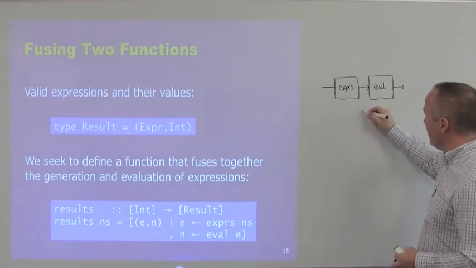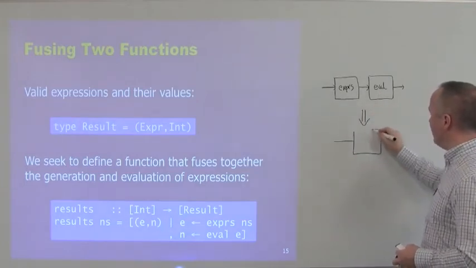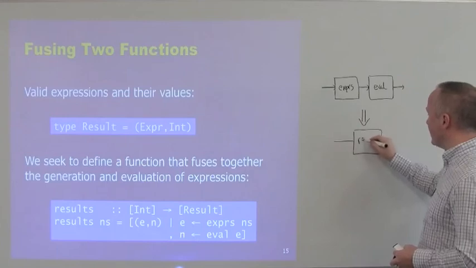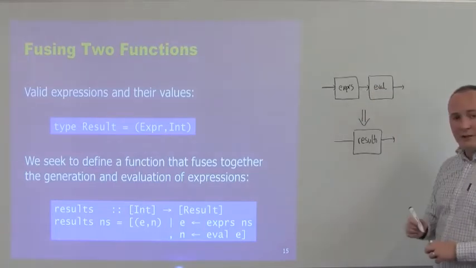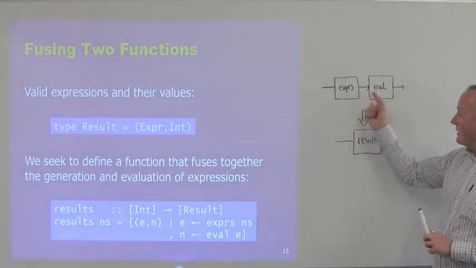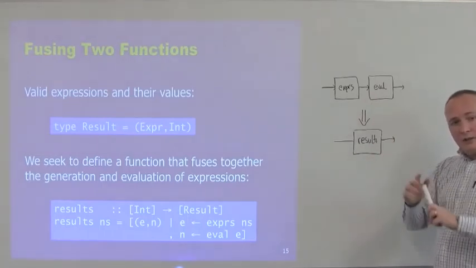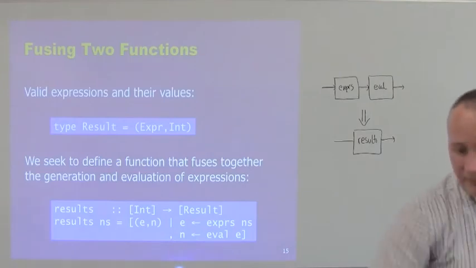So what we'd like to do is program fusion. We'd like to combine these two into one function, which I'm going to call results, which does both things at the same time. This is a classic example of program fusion: doing two things separately, and trying to combine them to achieve the same result but in a more efficient manner.